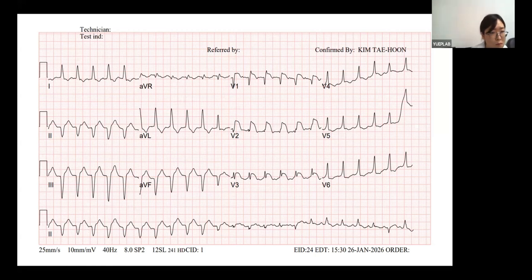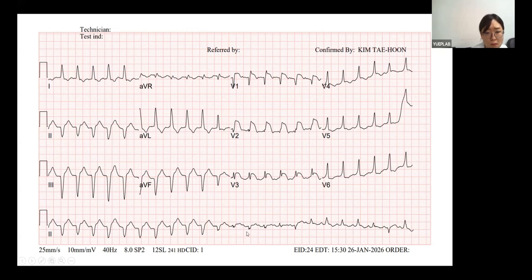So in the context of the ST elevation in V1 to V3, which suggests an MI, I would think the first half of the ECG is a VT post MI. Then getting to the middle, I see consistent P waves before the QRS.